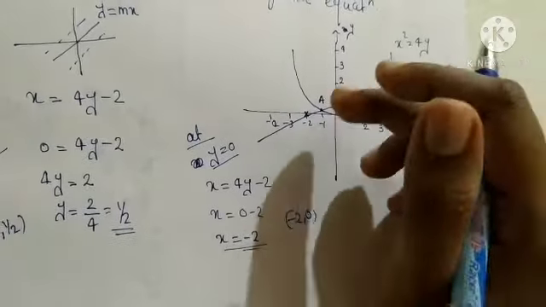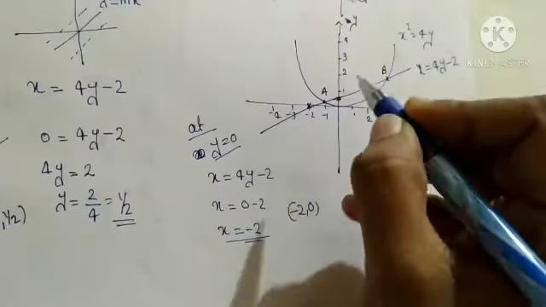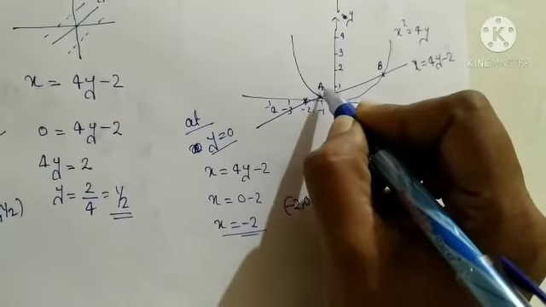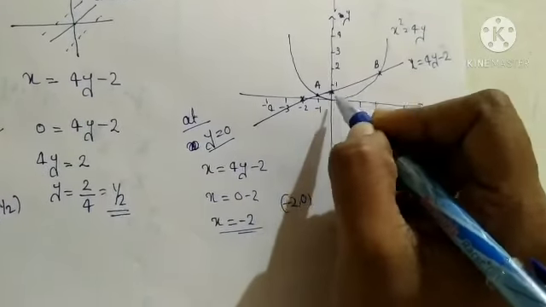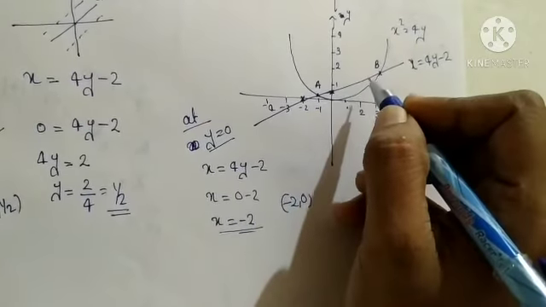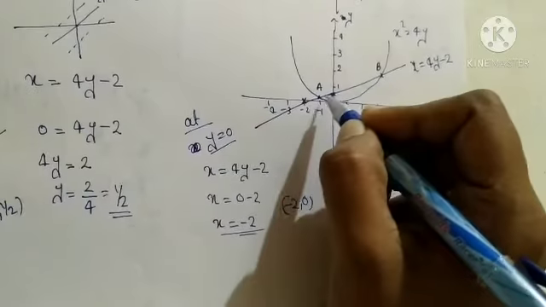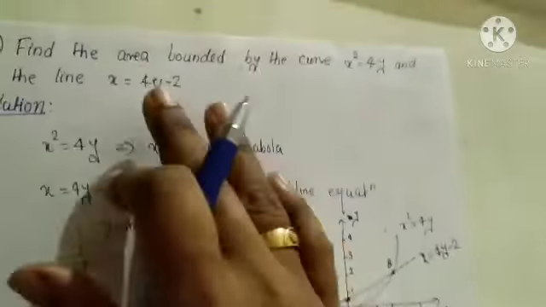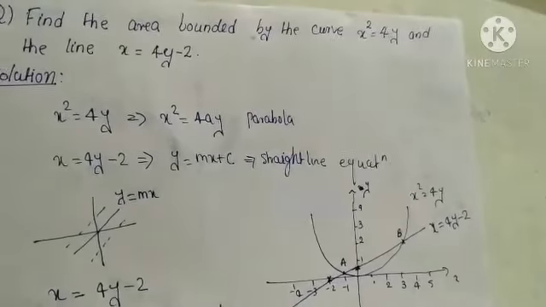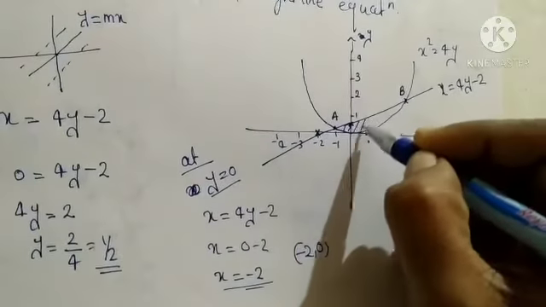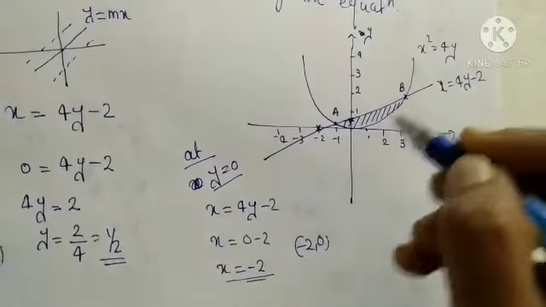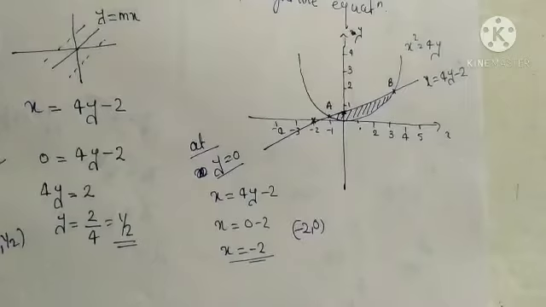So we need to find the coordinates of A and B for calculating the area under the region bounded by these curves. In this question we need to find the area bounded by the parabola and the straight line, so it is very clear that we need to find the area of this shaded region.